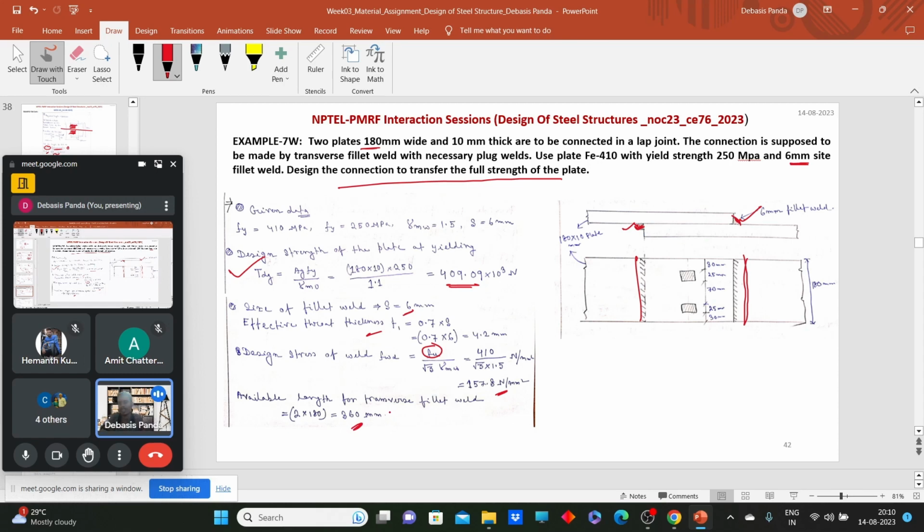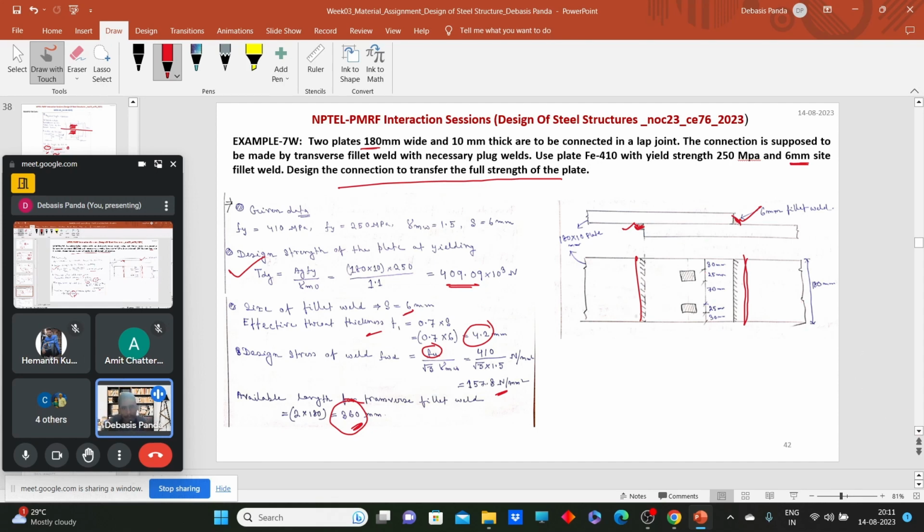If this length and this throat thickness are enough to transfer the full strength, the 409 kilonewton load, then we don't need to provide the slots. If not, then we need to provide the slots and calculate the additional load that should be taken care of by the slots.